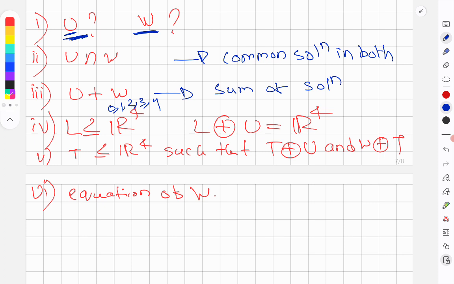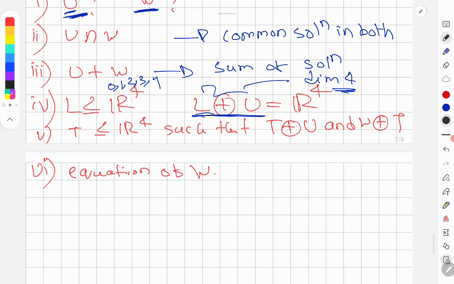So the dimension could be any of these, but when you take the sum of U and L, that dimension should equal 4, and the addition should be linearly independent. So let's solve it, then you will have a clear idea.